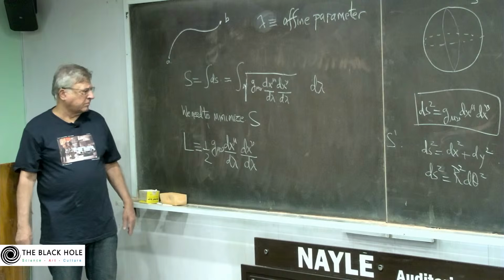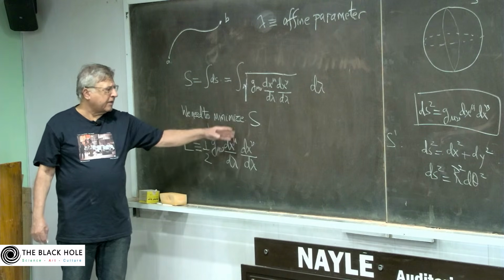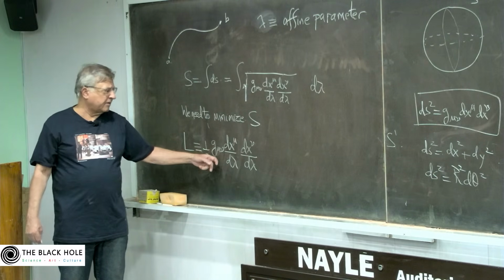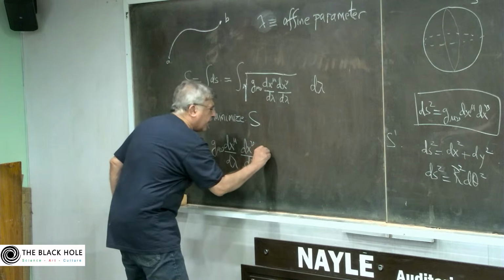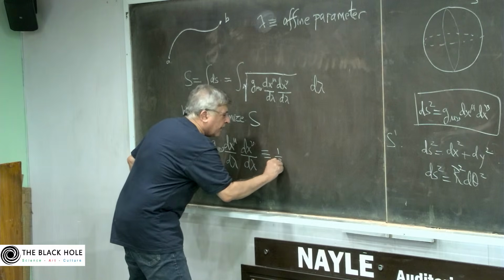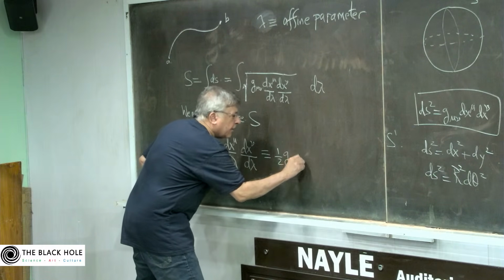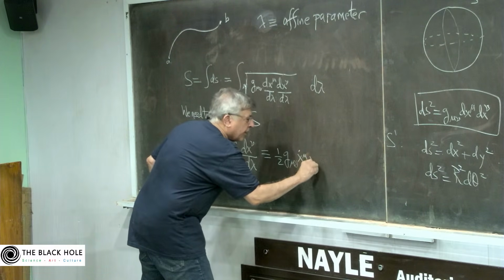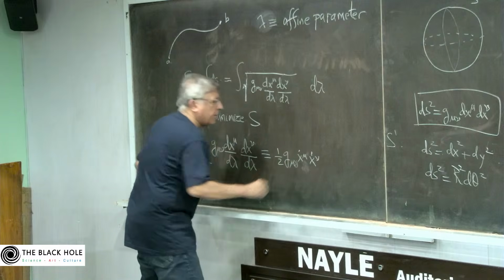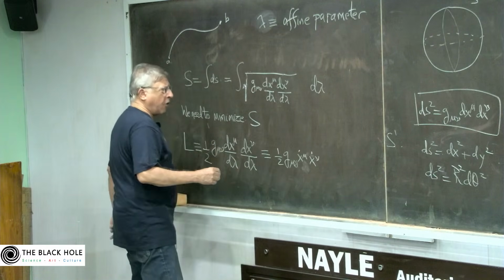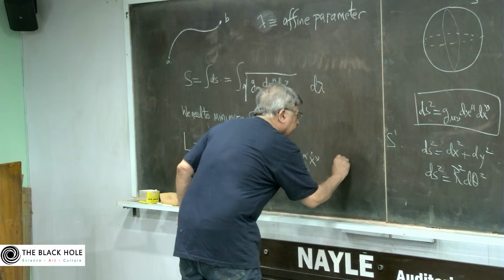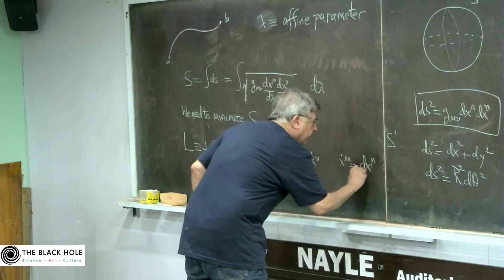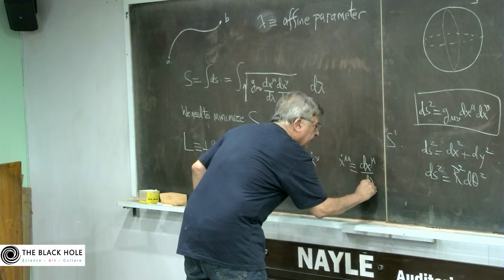Okay, now I don't like writing d by d lambda all the time, so I will make a definition that this is x mu dot x nu dot, where dot means dx mu by d lambda.